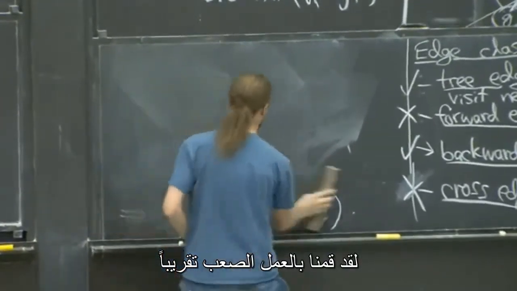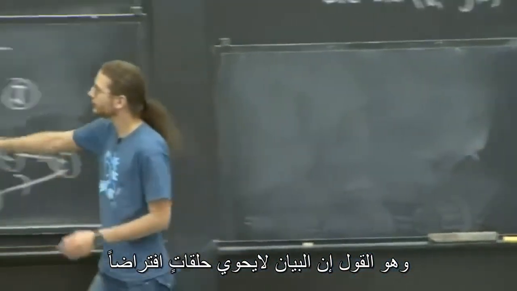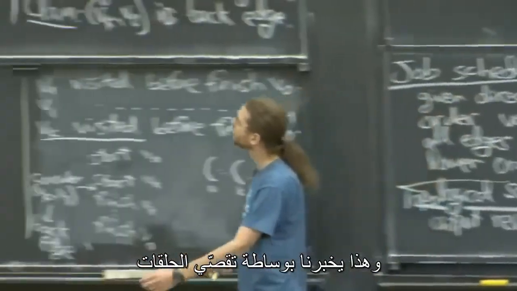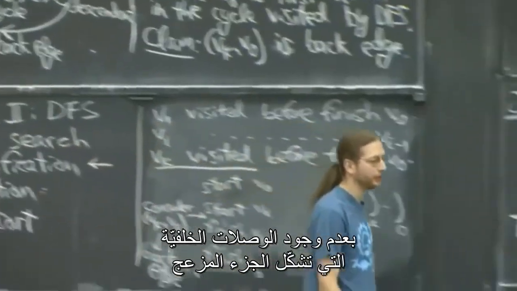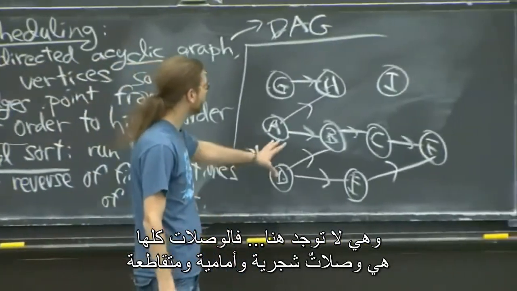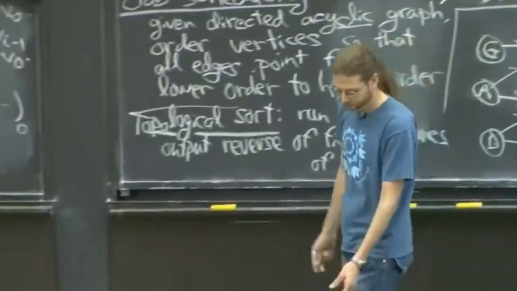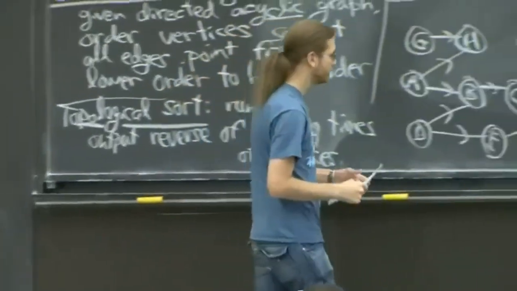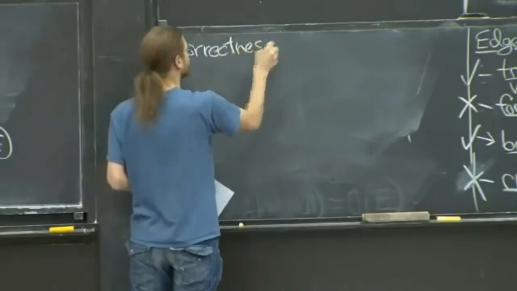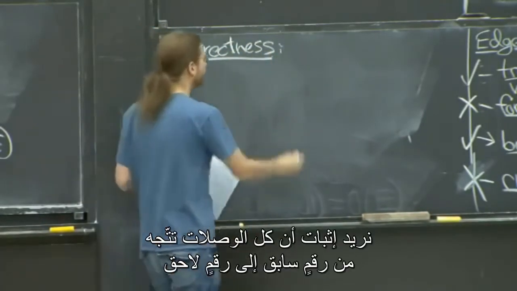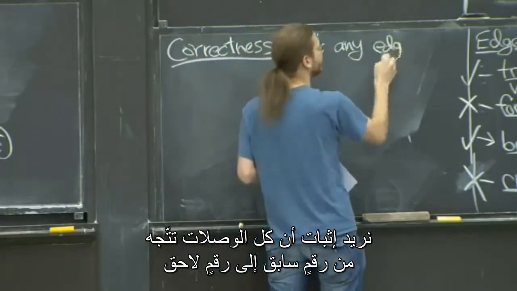We've actually done pretty much the hard work, which is to say, we're assuming our graph has no cycles. So that tells us by this cycle detection that there are no back edges. Back edges are kind of the annoying part. Now they don't exist here. So all the edges are tree edges, forward edges, and cross edges. We use that to prove the theorem. We want to prove that all the edges point from an earlier number to a later number.